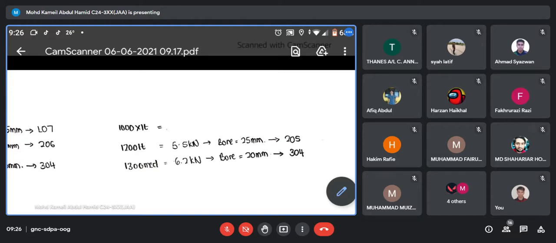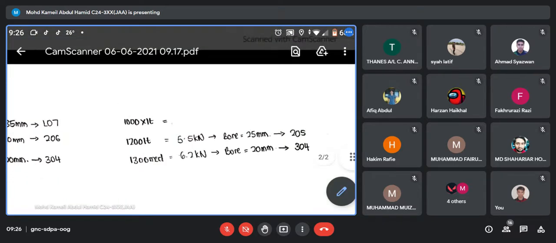Okay. Tanesh yang tinggal ni 1000, 1000 extra light series. Apa kosong? Tak tahu doktor.